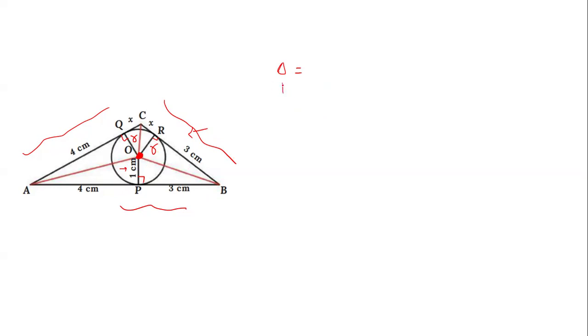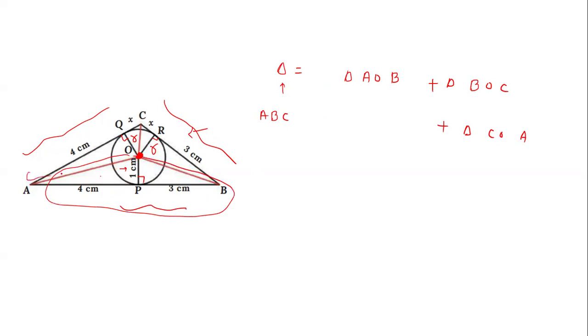So the triangle ABC area can be written as the triangle AOB area plus the triangle BOC area plus the triangle COA area. The first is this triangle, the second is this triangle, and the third is this triangle.